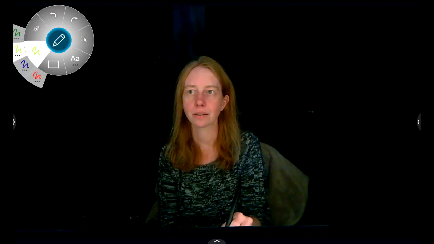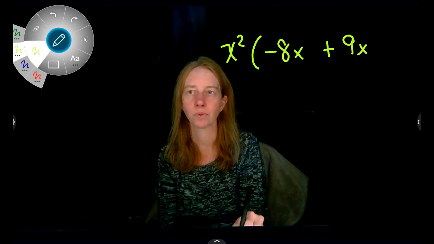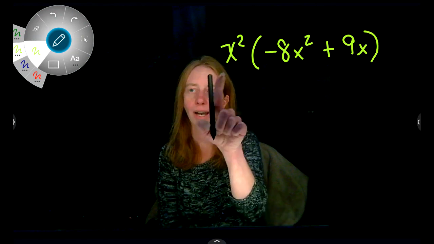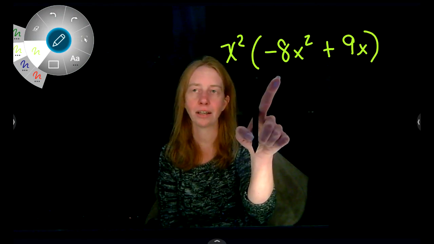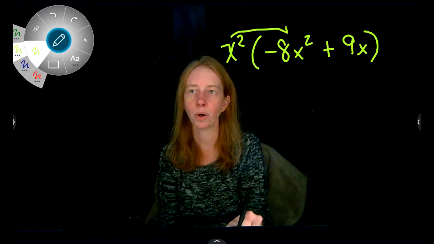Okay, so this time we have x squared times (minus 8x plus 9x). Oops, this is supposed to be squared. Okay, so x squared times (negative 8x squared plus 9x). So this x squared is going to go to both of these. So let's start with the first one.